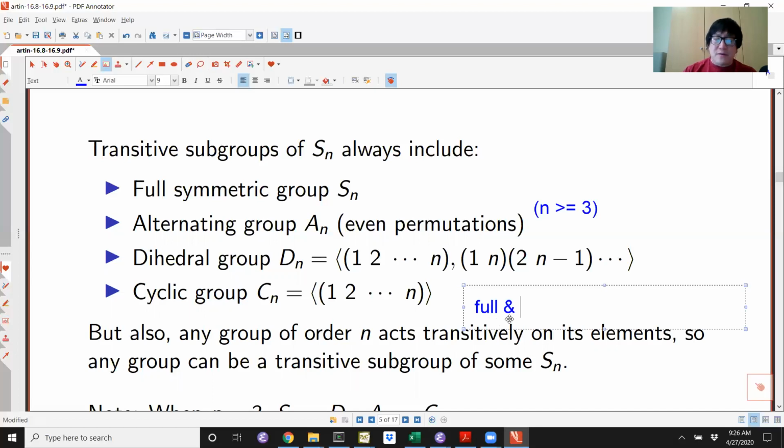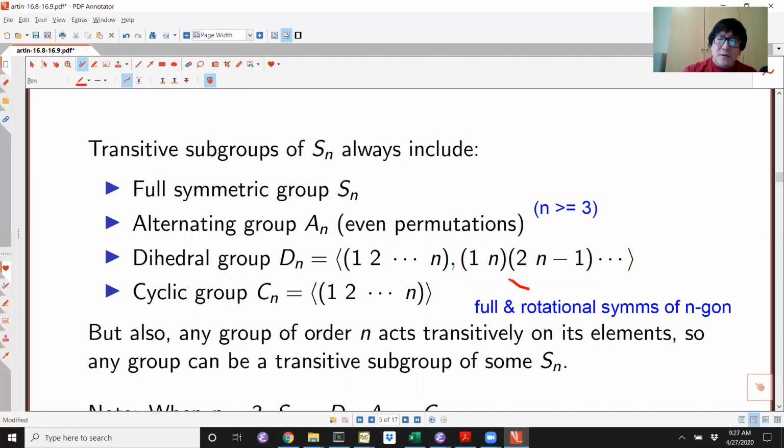I'll mention that these are the full and rotational symmetries of an n-gon, something that will come into play later on. Remember, Dn is the full symmetry group of the regular n-gon, and Cn is the rotational symmetry group of the regular n-gon, because we'll later see a square.